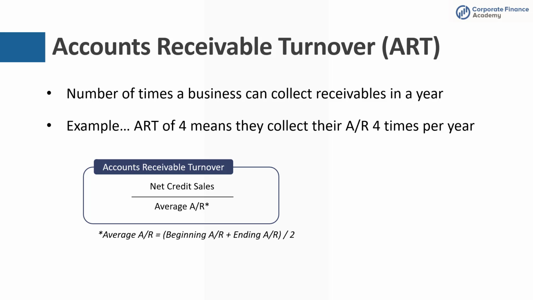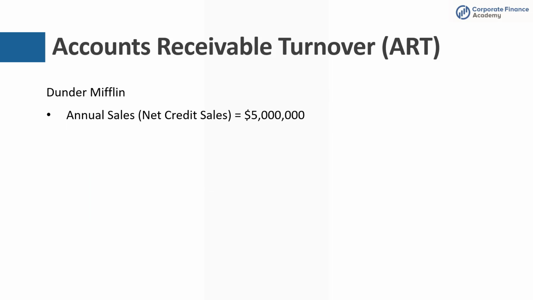And now it's important to match. Your net credit sales should cover the same period as the average AR that you're evaluating. So again, we're back to our Dunder Mifflin example, $5 million net sales. January beginning AR of $500,000, which is really the same as the prior year's December ending AR.